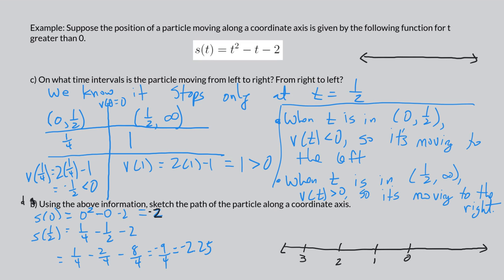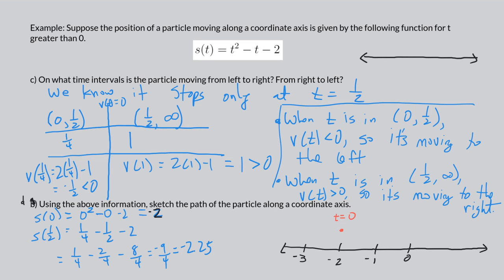All right. So the particle, which I'll use red for, starts out at -2. So it's right here when t is equal to 0. And it's moving initially to the left.